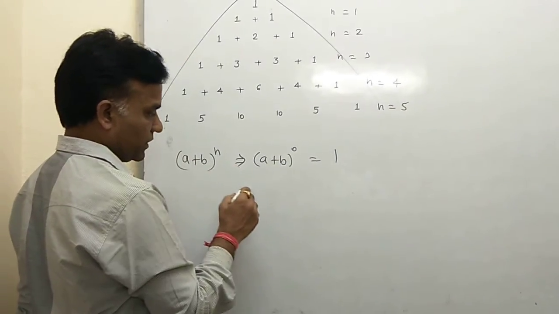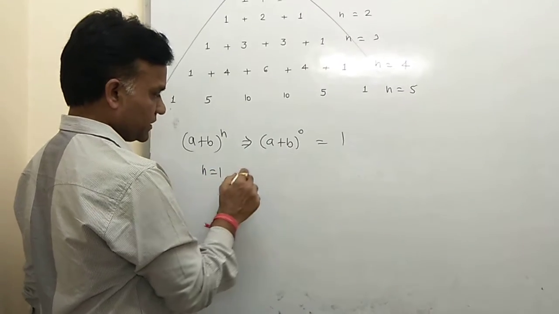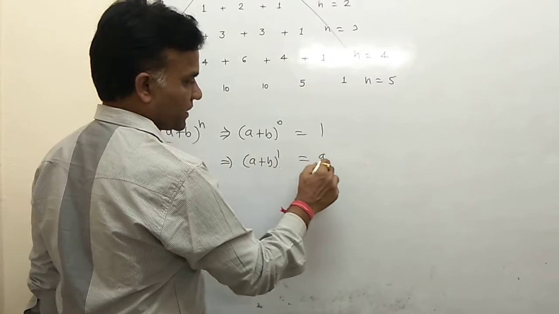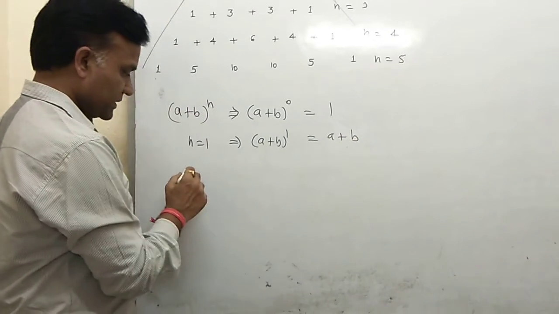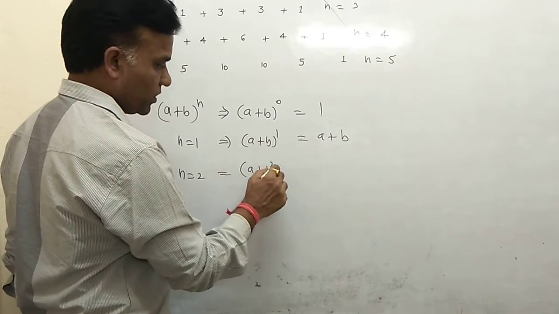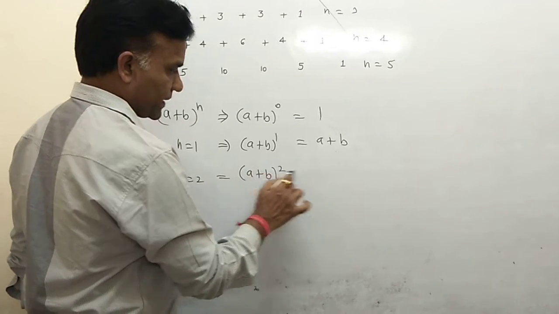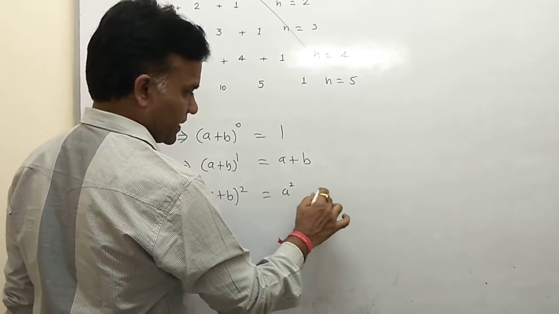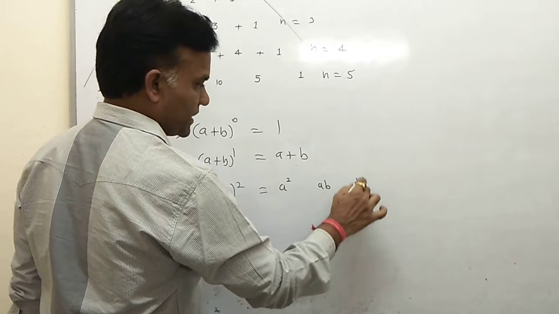Now if n equal to 1, you can write (a plus b) whole to the power 1, which means a plus b as it is. For n equal to 2, you write (a plus b) whole square. So you write down a square, ab, and then b square.